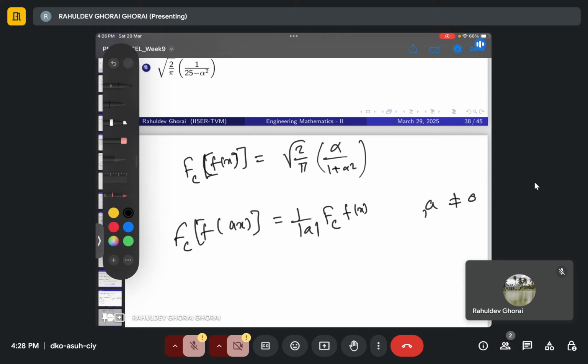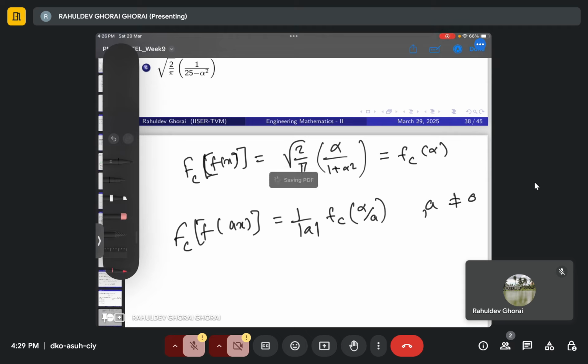There is a little catch: this form depends on alpha, so I denote it by fc of alpha, and then it will be fc of alpha over a.